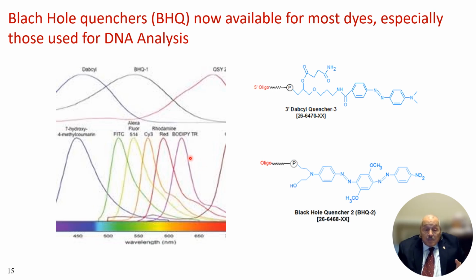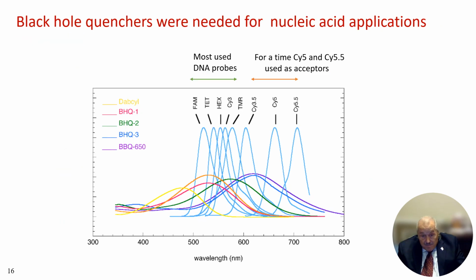And these are some of the standard fluorophores used in DNA analysis. So there was an effort to make black hole quenchers that absorbed at longer wavelengths and would therefore get rid of the emission from these other species.